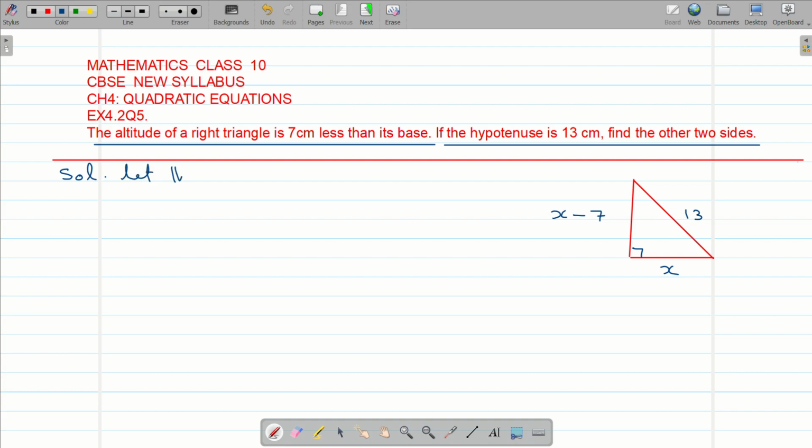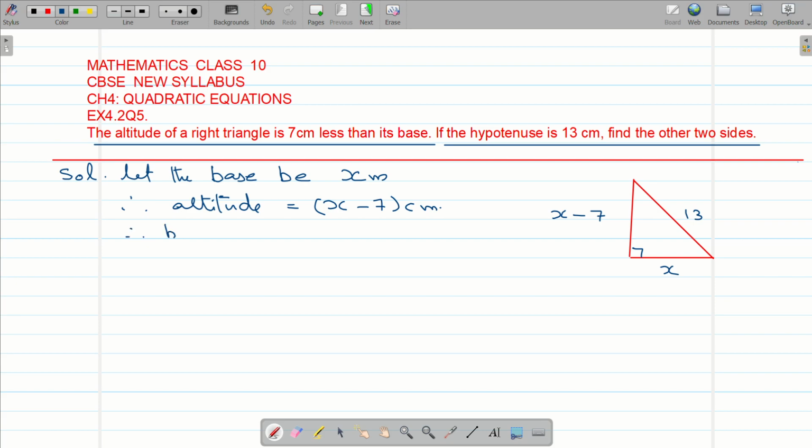Let the base of the right triangle be x centimeters. Therefore, according to the question, altitude is equal to 7 centimeters less than the base, that means x minus 7 centimeters.